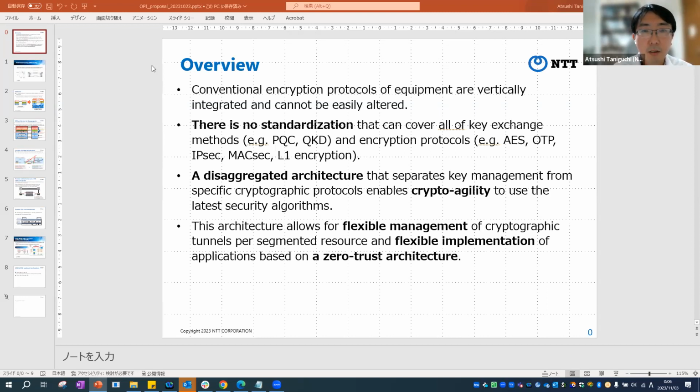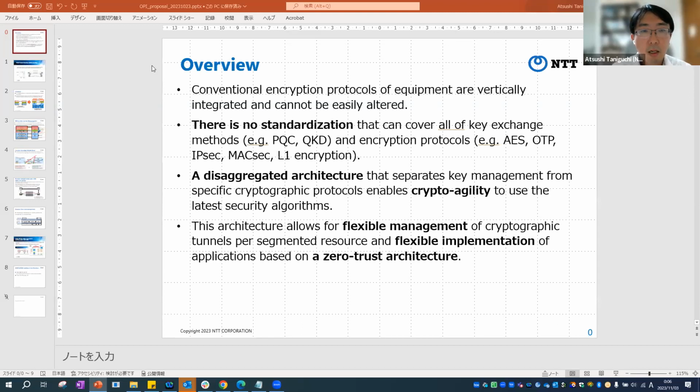I think there's no standardization to cover all of the key exchange methods, for example post-quantum cryptography or quantum key distribution, and also encryption protocols: AES, OTP, IPsec, MACsec, and L1 encryption.